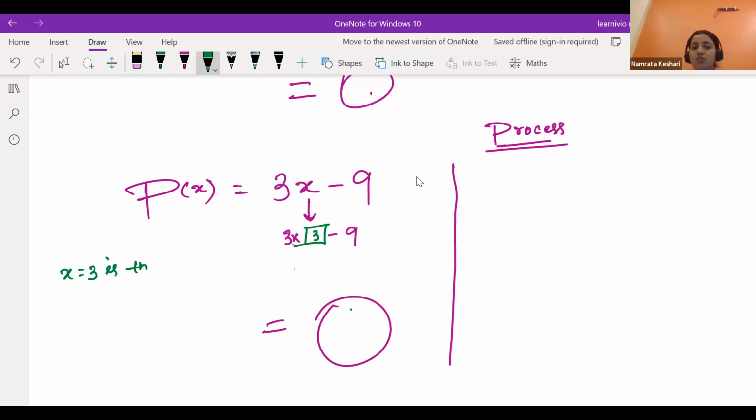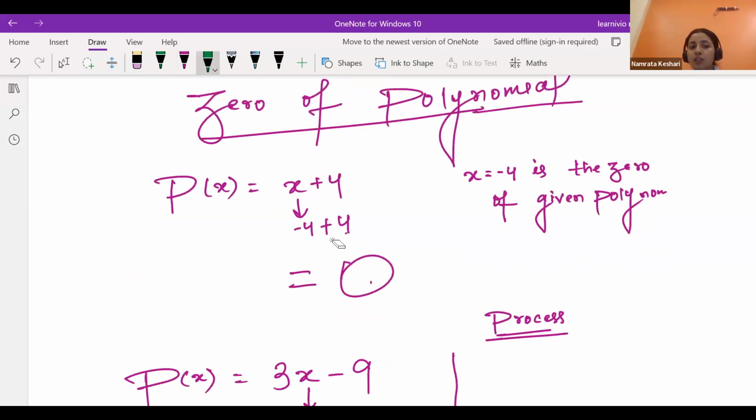See the previous question. I had taken the polynomial x plus 4 and I asked what is the 0 of this polynomial. So 0 means that particular x value which, once we substitute over here, our complete simplification will be 0.